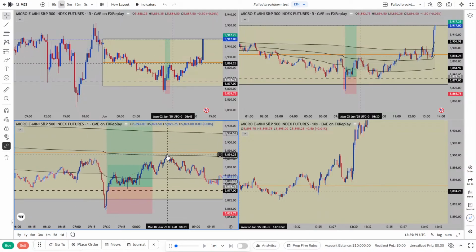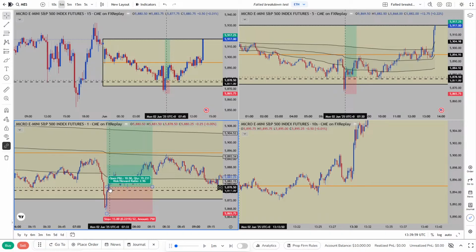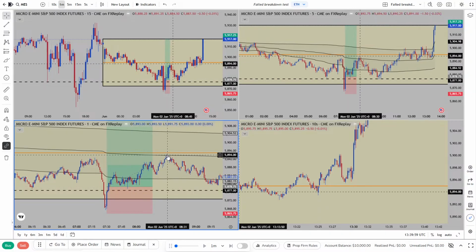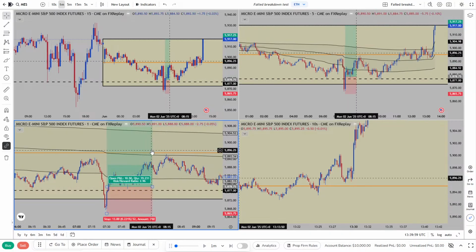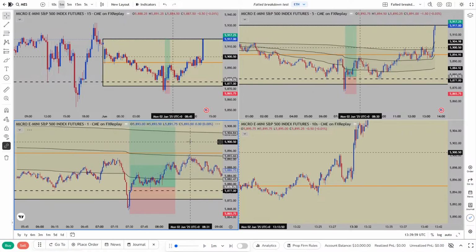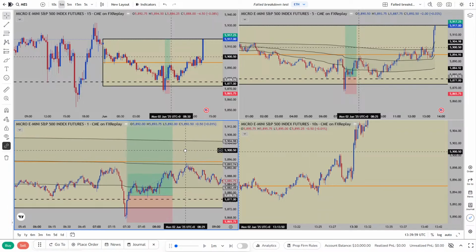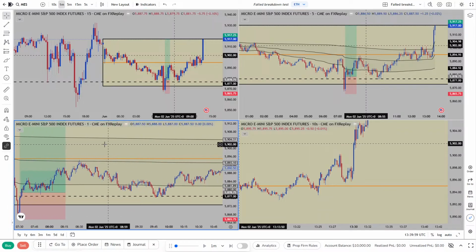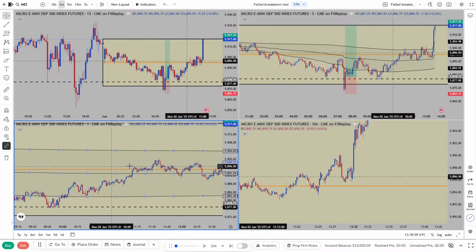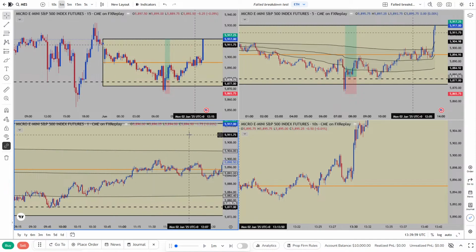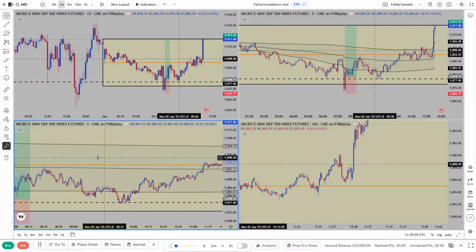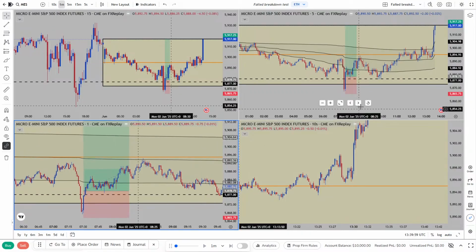So that would be about 8:30. That would be possibly an hour in a trade just to go here, because we take into account we are also in the ETH where things are going very slowly. There's no volatility, so that's why it takes so much time to break above the previous VWAP. Yeah, anyway, it is what it is.